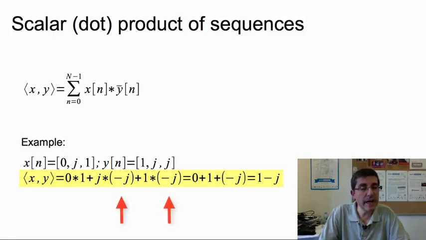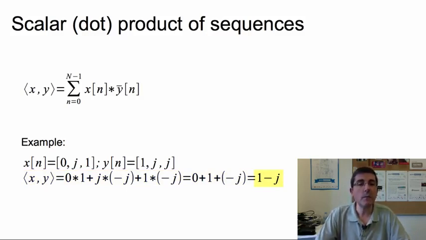So we see here the minus j of the second sequence because we conjugated the j of the second sequence. And then if we do the whole operation, we obtain a number. So the scalar product means that we return a single number after doing the operation with two sequences.